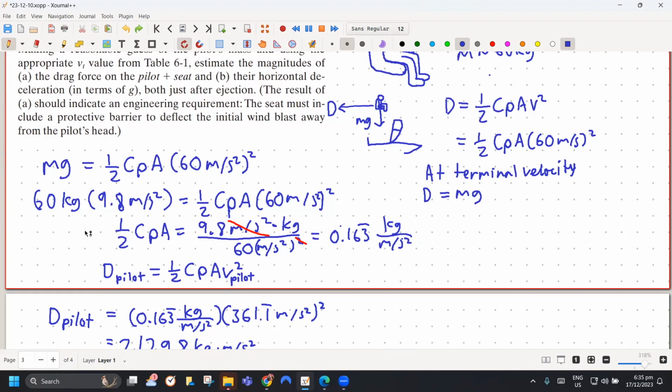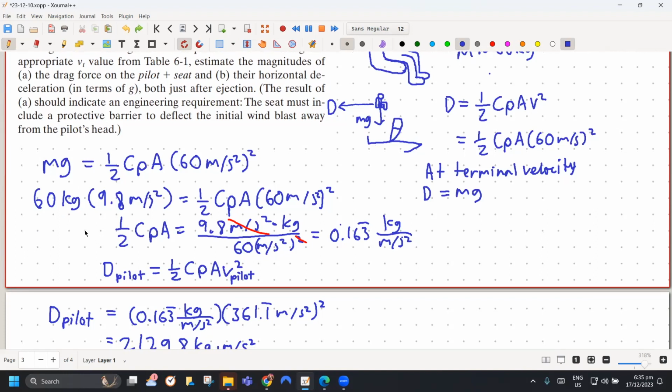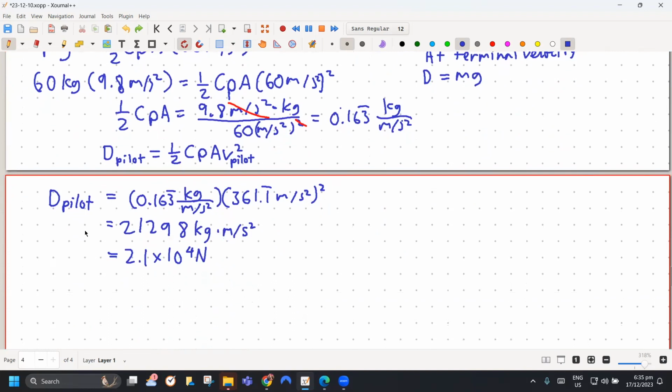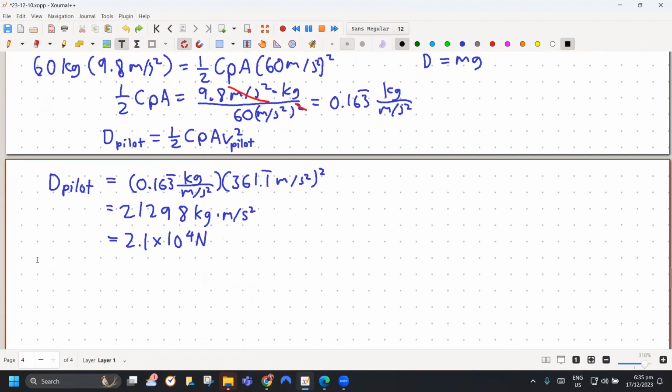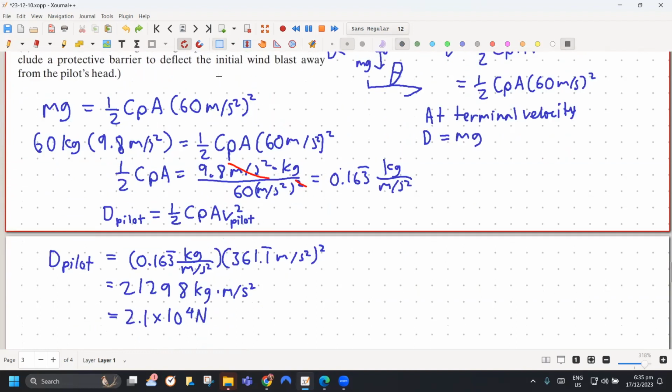So for the skydiver, 1/2 C rho A is, and we will assume this is also true for the pilot. Write it down. Those are assumptions, they need to be written.